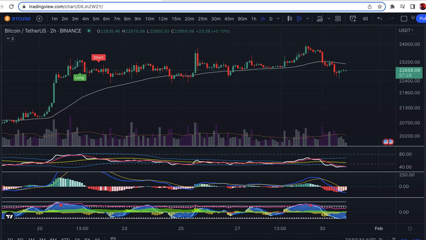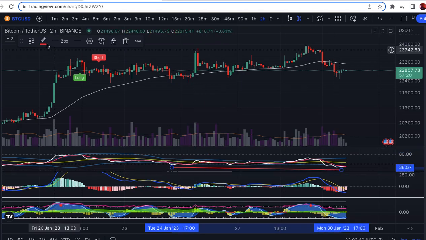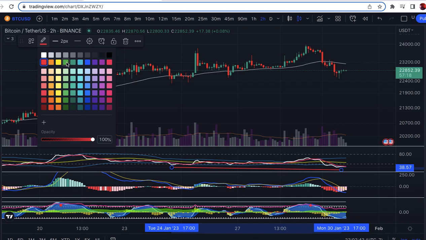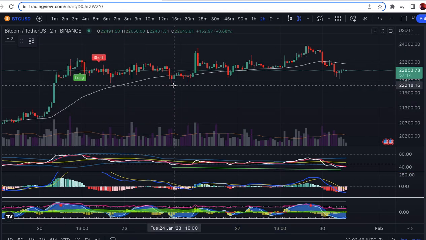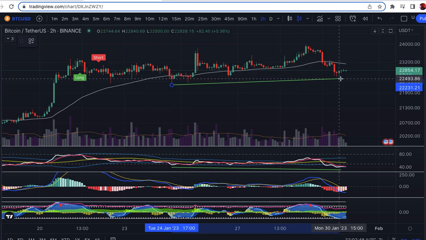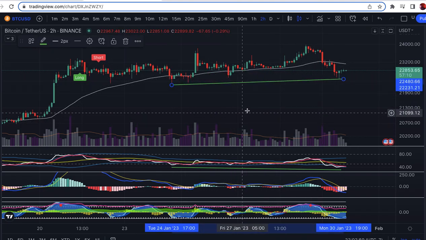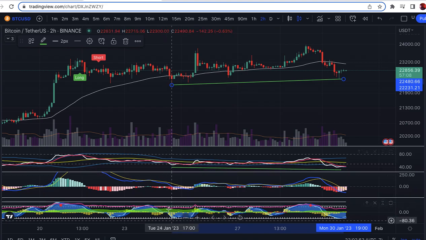Bullish divergence. See some more bullish divergences come. All right, so looking on the 2-hour, bullish. Same thing right here.